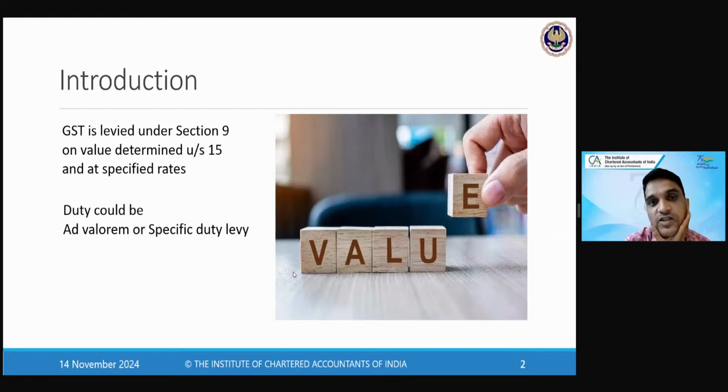If you recollect our discussion in Section 9, GST is on supply of goods or services or both at a value as may be determined under Section 15, and at specific rates. So the value is given under Section 15.